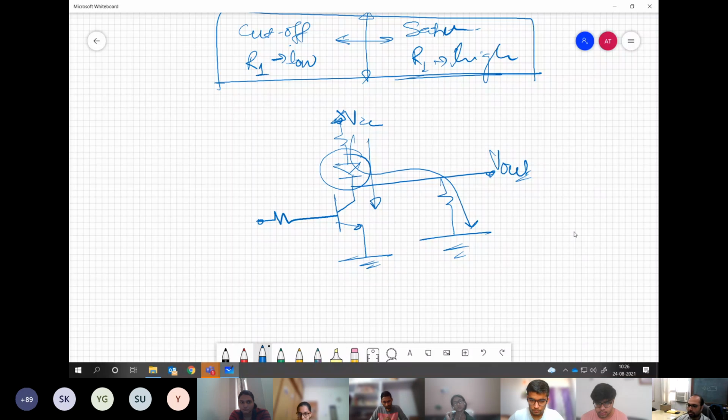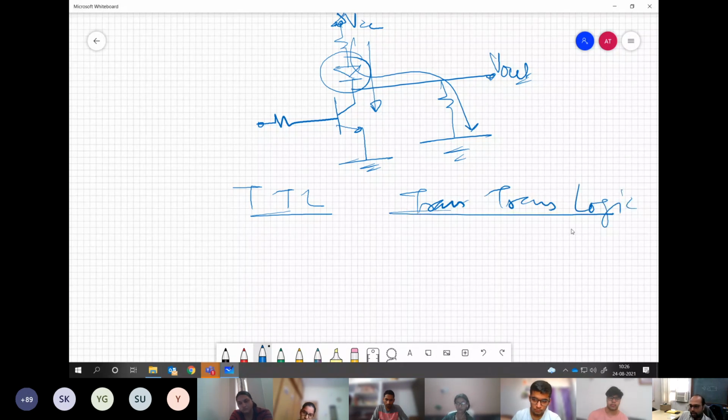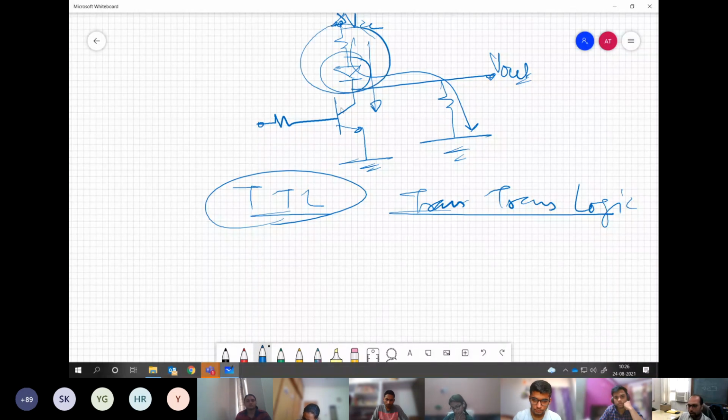Yes? Okay, I give you a hint. See, this is where now we go into transistor logic. This is called TTL. It says, why don't you manage this resistance problem with another transistor?